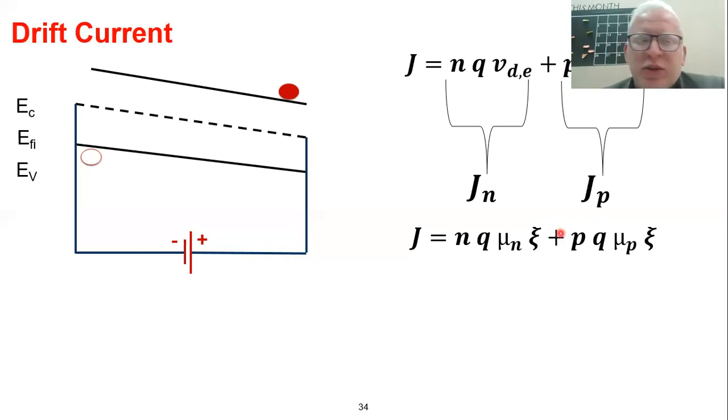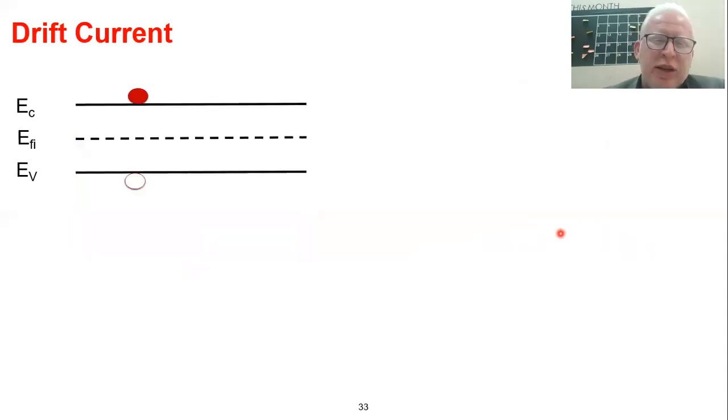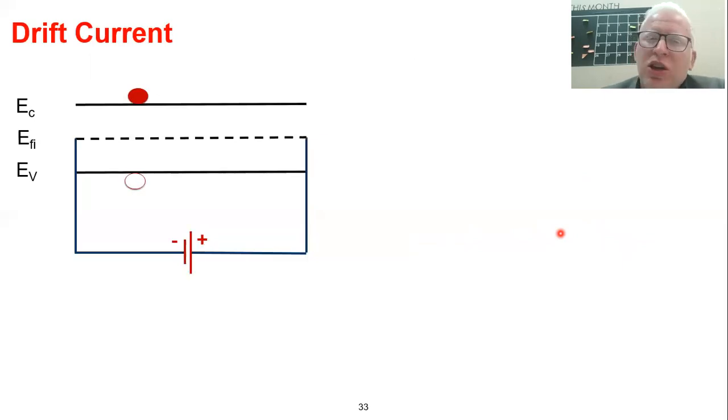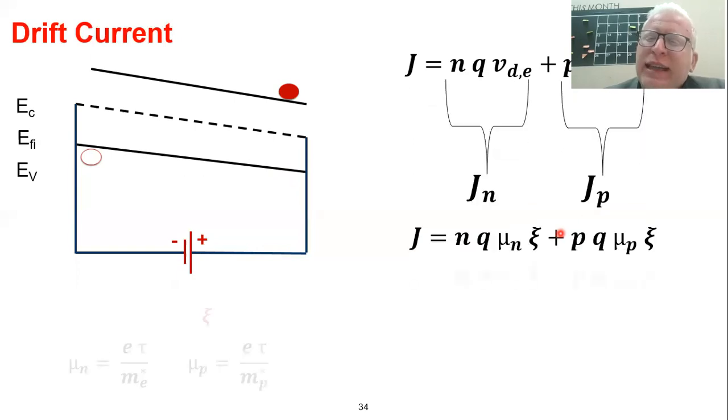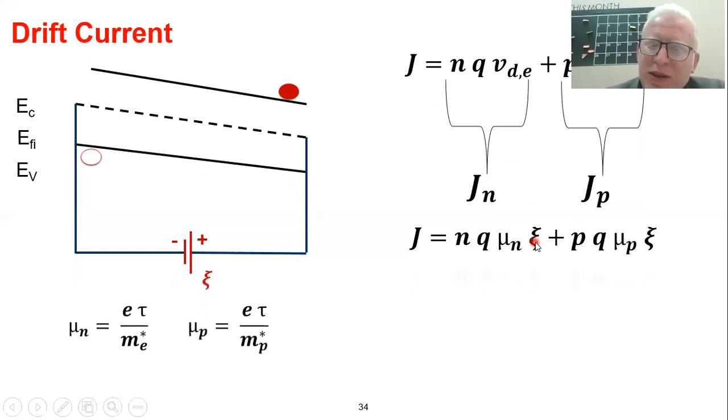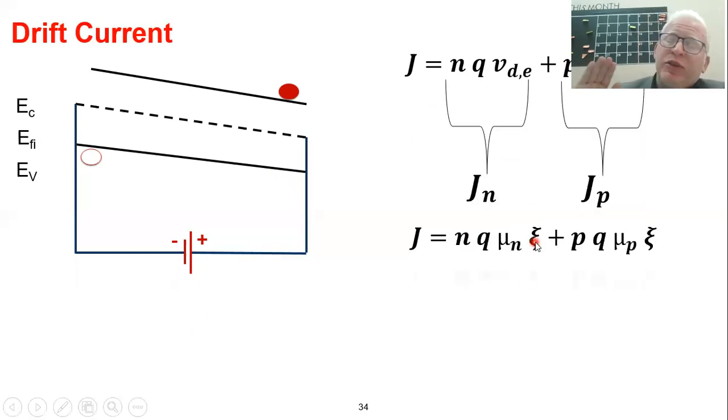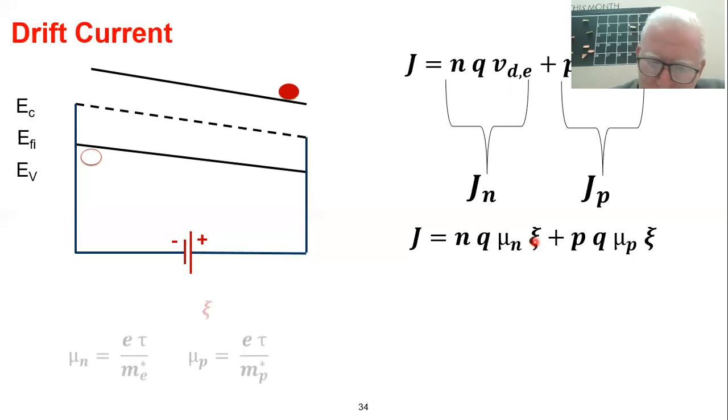If eta is equal to 0, you don't have a battery like this. You don't have a drift current. You will have a drift current only if you have eta. So the sign for drift current is to have an external battery, an external voltage source, which creates an electrical field, or eta.